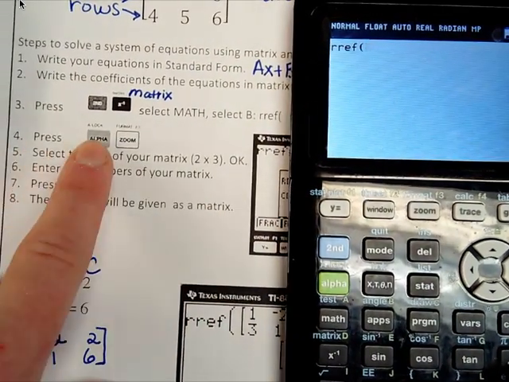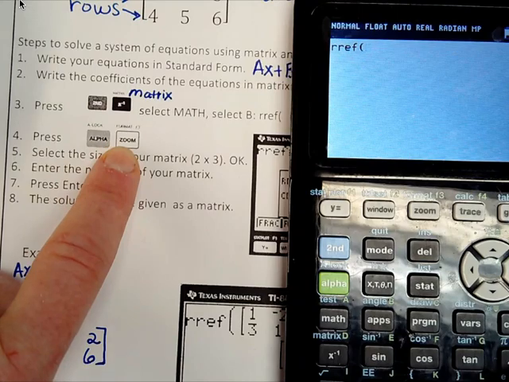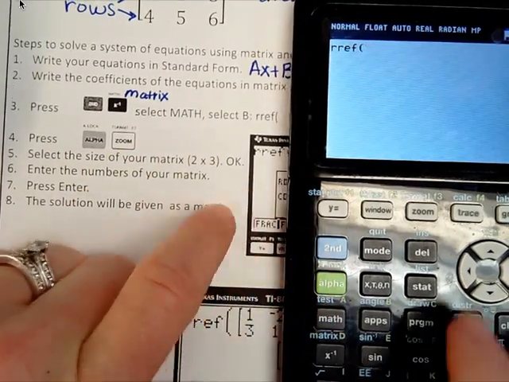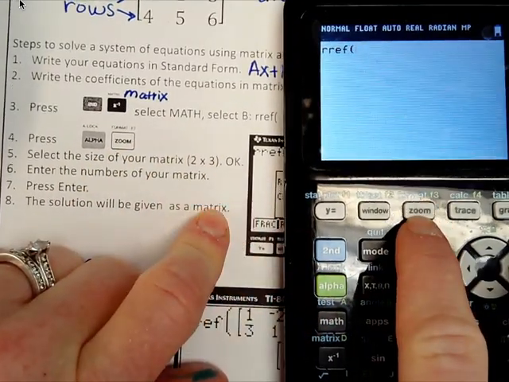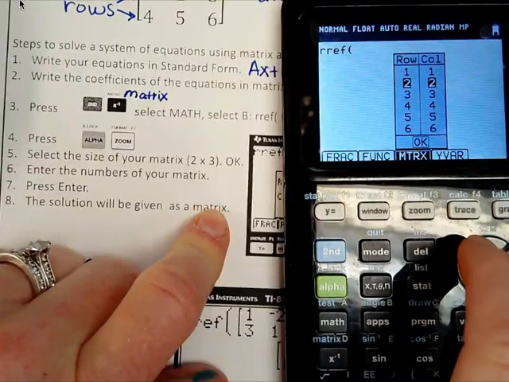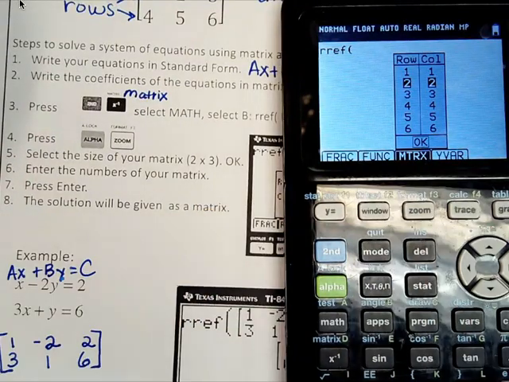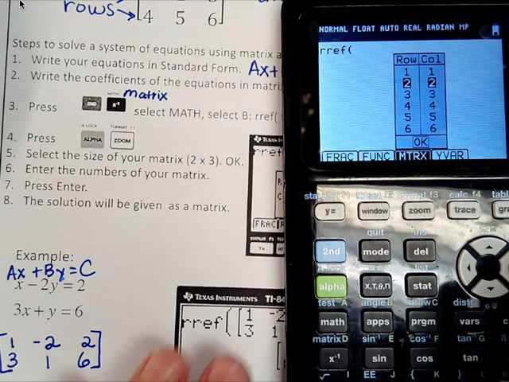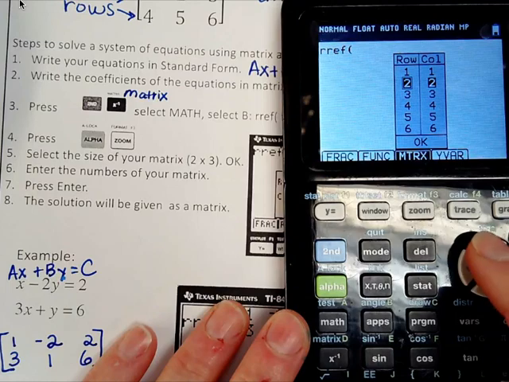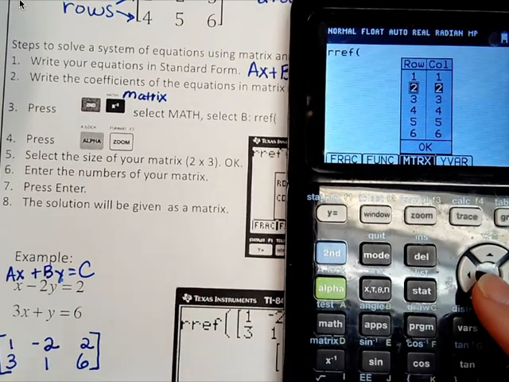Okay, next step says alpha zoom. Alpha zoom. See the zoom button? That's the matrix options for us. What kind of matrix do we have? 2 by 3. 2 row, 3 column.